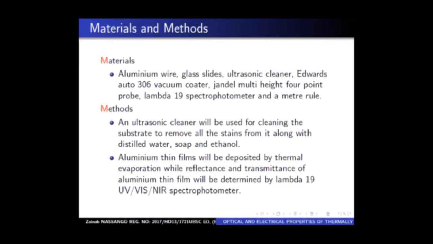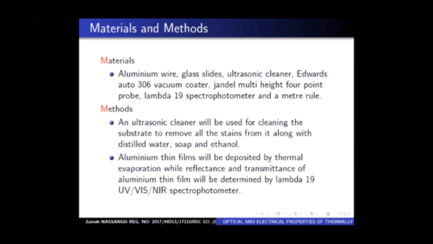Then materials and methods. The materials I will need for the study are aluminum wire, glass slides, an ultrasonic cleaner, Edwards Auto 306 vacuum coater, a four-point probe, a spectrophotometer, and lastly a meter rule.